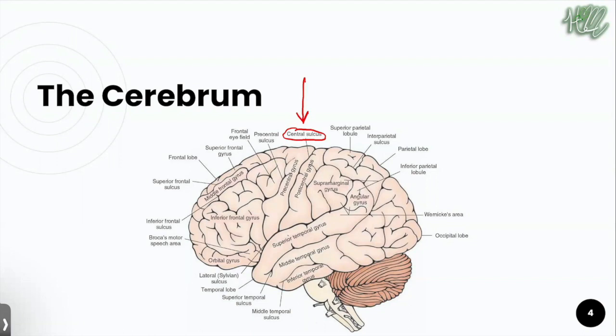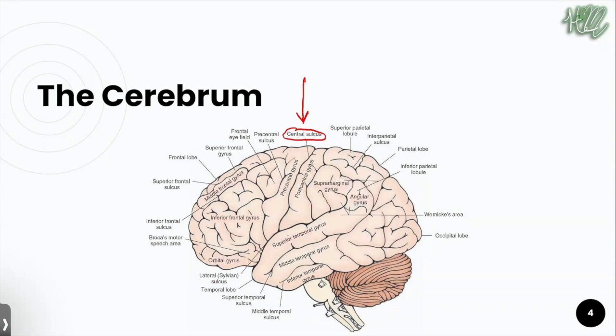So the central sulcus is going to be almost like the longest portion when you're looking at the brain from this view. And when we look at a real brain, sometimes it can be really hard to identify. But I think for me, what has always helped is to find that longest sulcus that we can identify and the one that's closest to the middle.